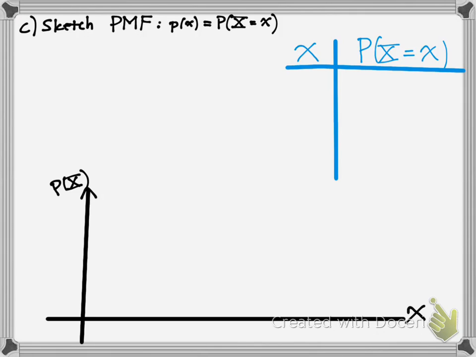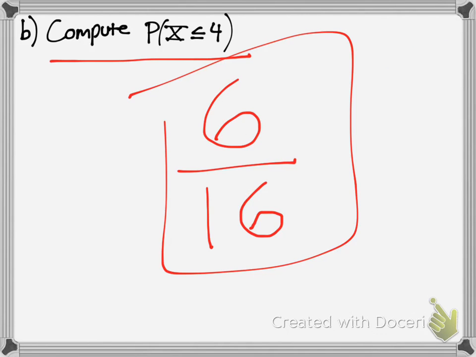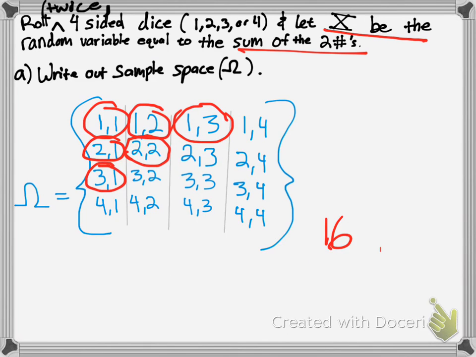Okay, sketch the PMF. This stands for the probability mass function. Pretty much it's just saying what are the possible values of x and what are the probabilities of those outcomes. Since x is the sum of the digits, the smallest sum we could have is 1 plus 1, which is equal to 2, so x would equal 2.